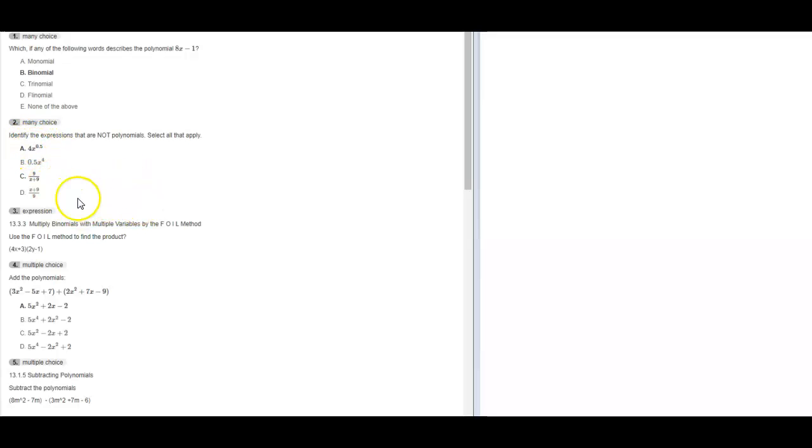Problem number 2, they ask you which of these are not polynomials. And to be a polynomial, okay, a polynomial is a sum of terms that look like this. Okay, this is a term, and a polynomial is when you're adding multiple of these terms.